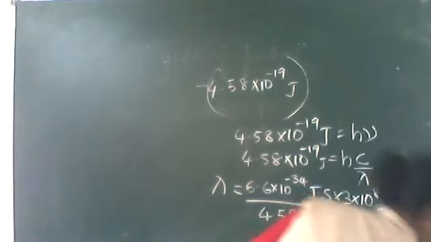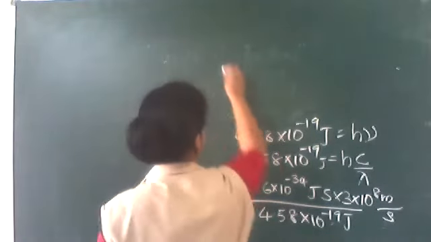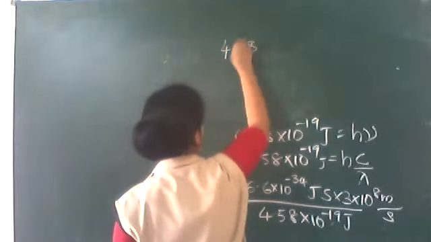Frequency also is asked in the question. So here 4.58 into 10 to the power minus 19 joules is equal to h nu. From this equation, what is frequency?